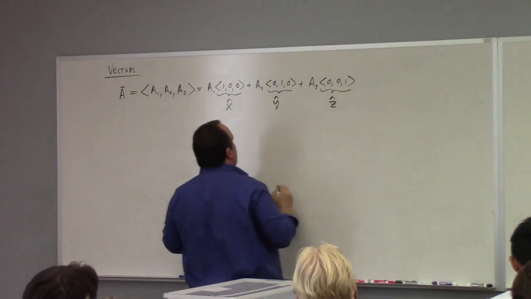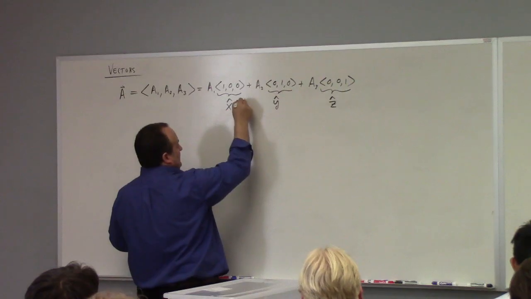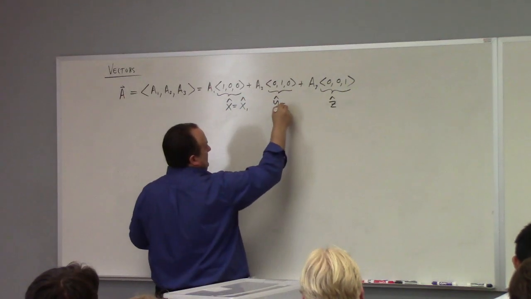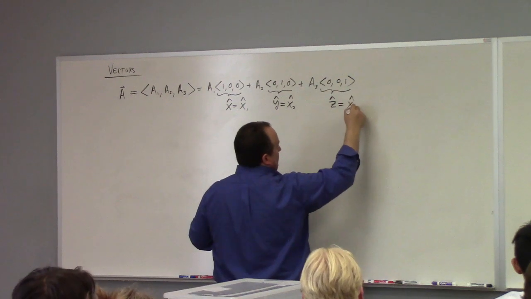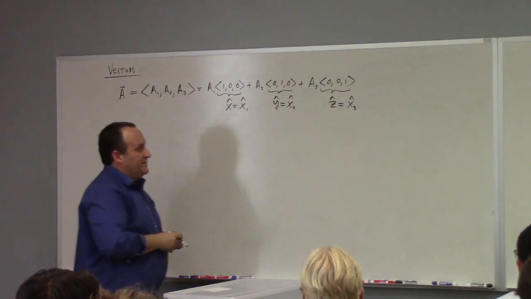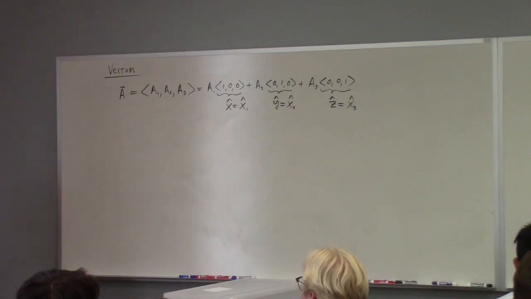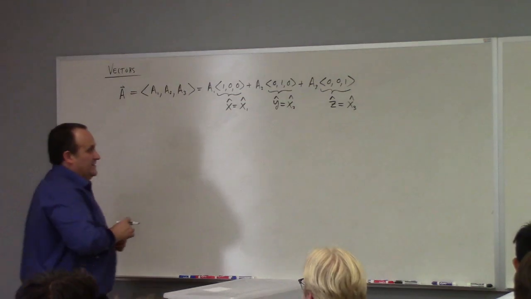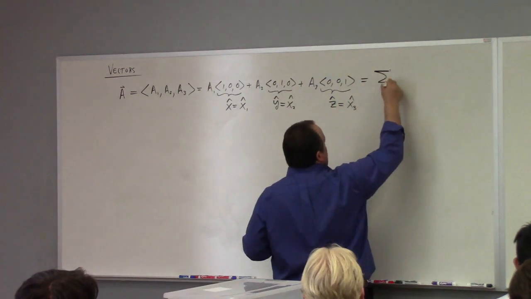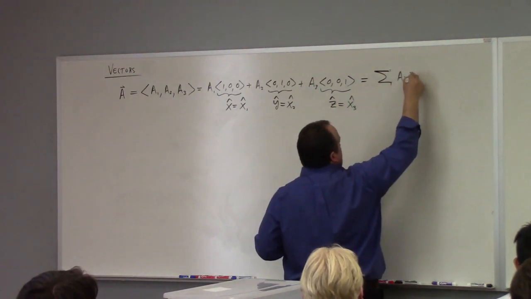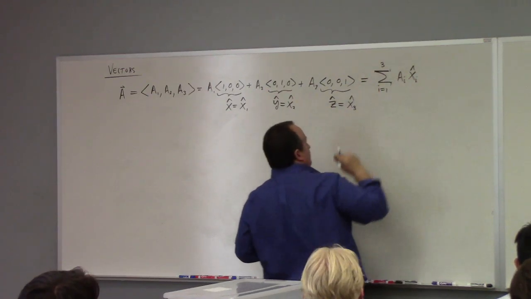Or sometimes, if I like to enumerate things, I'll call this x1 hat, x2 hat, and x3 hat. These are unit vectors respectively in the x, y, z or x1, x2, x3 direction. So the point is that we can build any vector as a sum of its vector components, which is super nice.